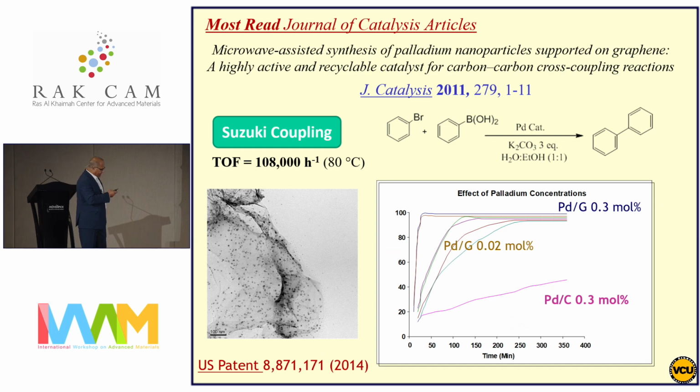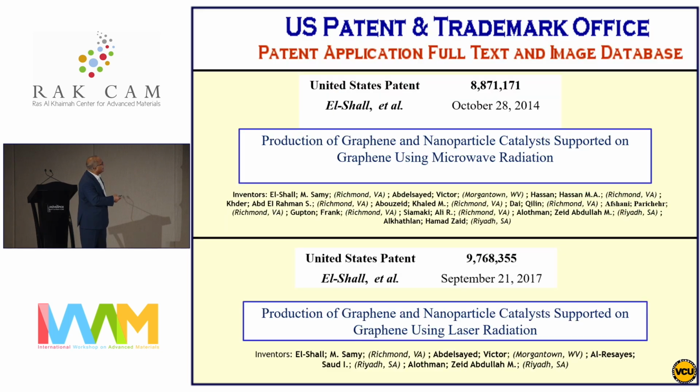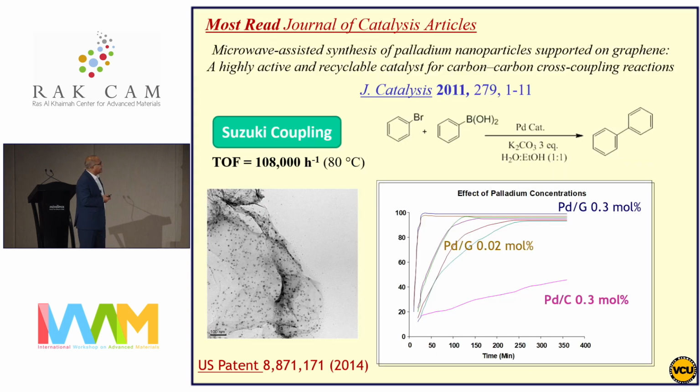One reads, production of graphene and nanoparticle catalyst supported on graphene using microwave radiation. And the second has a very similar title, except using laser irradiation, or laser radiation in solution. So these are the two processes that we usually utilize to make nanoparticle catalyst, in this case palladium catalyst, supported on graphene or reduced graphene oxide.